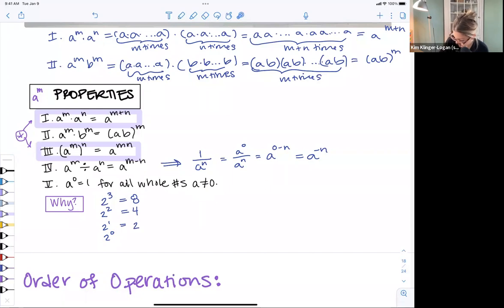And what I notice is that as I go down, I'm really just dividing by 2 each time. So I go down this list. And of course, I can start off higher with 2 to the 4th or 2 to the 5th up here, and I'd notice the same pattern. So following this pattern, if I divide by 2 again, this should be 1.